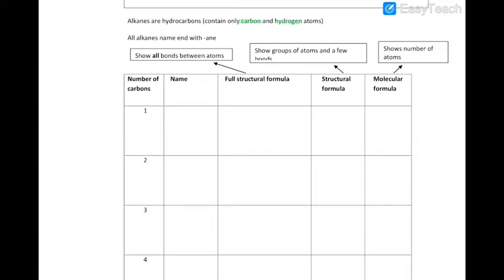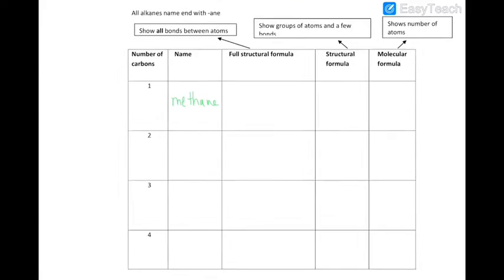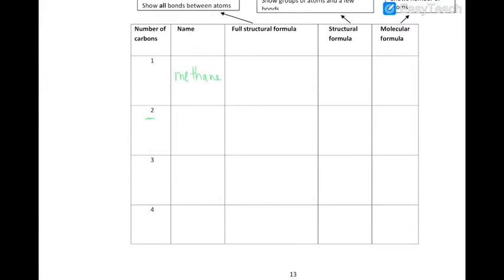If it has one carbon atom, the name will start with meth, so it's methane. If it's two carbons, the name will start with eth, so it's ethane. Three carbons will start with prop, so propane.